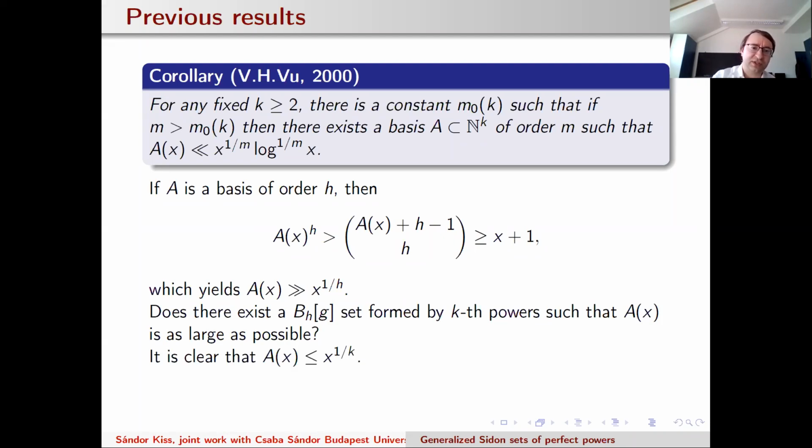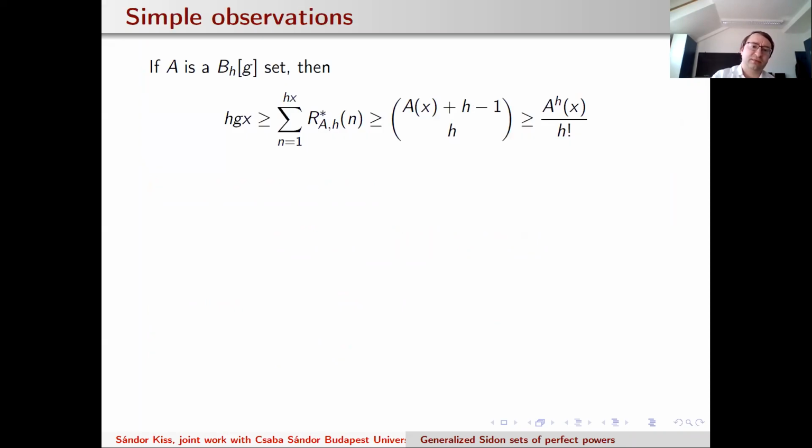It is easy to see that the counting function of a set formed by k powers is at most x to the power of 1 over k. This is clear. And anyway, there is a trivial estimation of the number of elements of a B_h[g] set, because there are at most A(x) plus h minus 1 choose h numbers that can be represented as the sum of h terms up to hx.